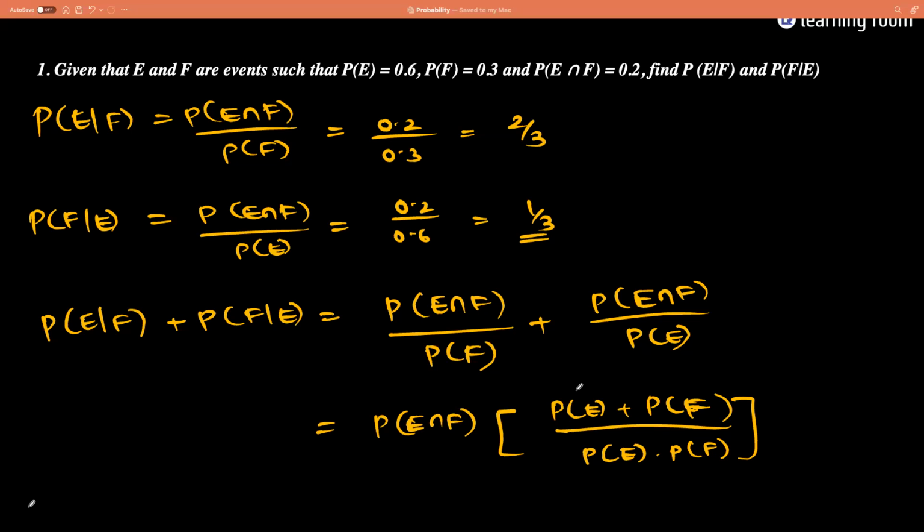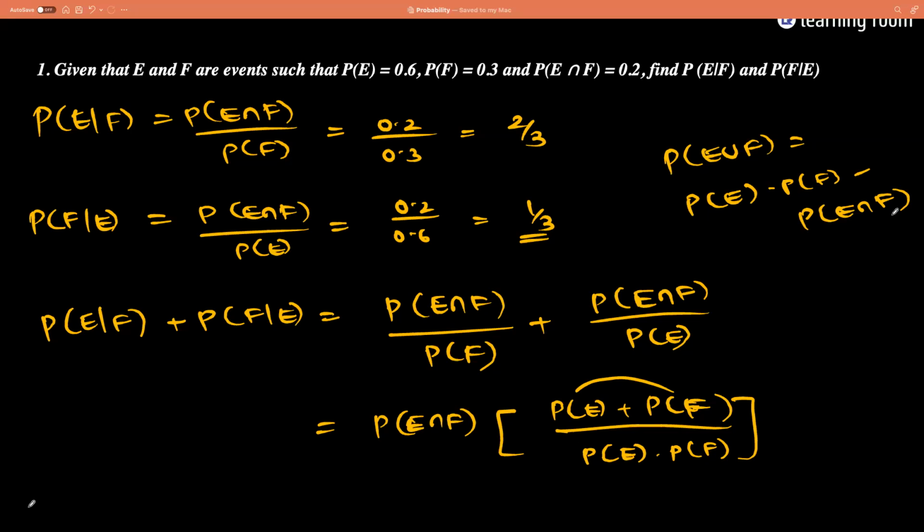Right. Sure. If I have probability of E union F, what is it? Probability of E plus probability of F minus probability of E intersection F. So had E and F been mutually exclusive, it would be plus, right?